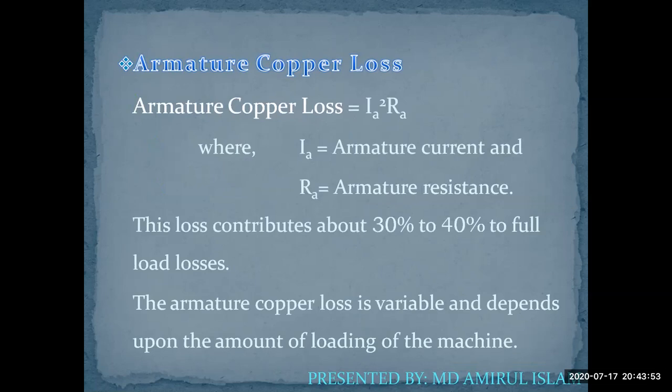Armature copper loss: armature current squared into armature resistance, where the loss contributes about 30 to 40% of full load losses. The armature copper loss is variable and depends upon the amount of loading of the machine.